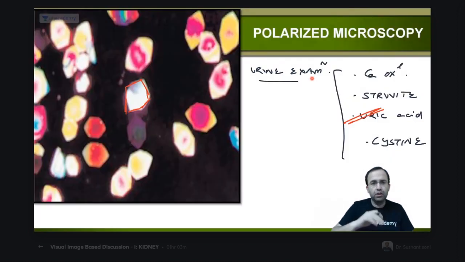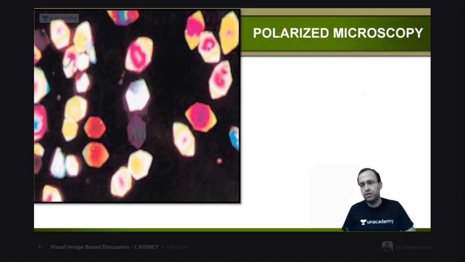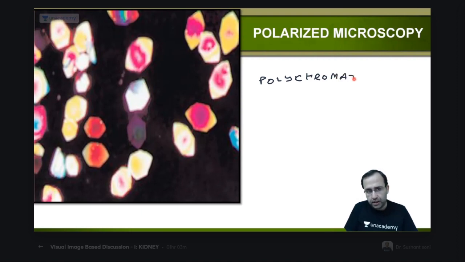Now have a look at this. Let me rub off the remaining portions so that you are able to see this clearly. Under polarizing microscopy, you are able to see polychromatic light, polychromatic crystals.